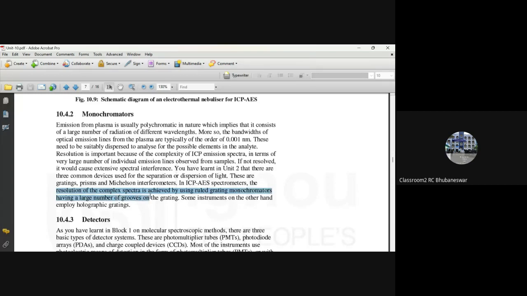In the ICP-AES spectrophotometer, the resolution of the complex spectra is achieved using ruled grating monochromators having a large number of grooves on the grating. During my fluorescence class, I was telling you that grating monochromators have many grooves.